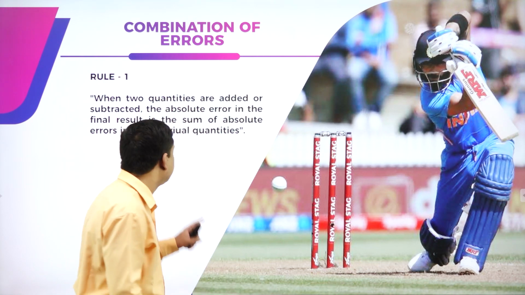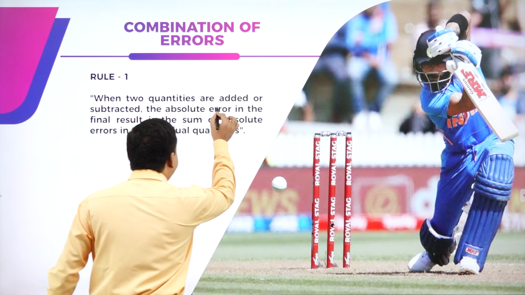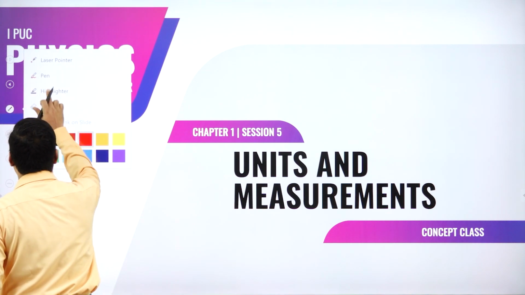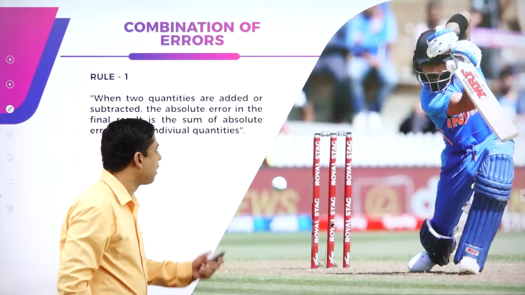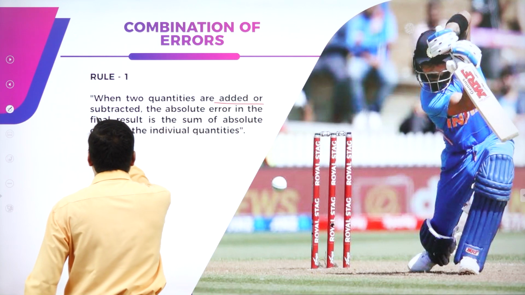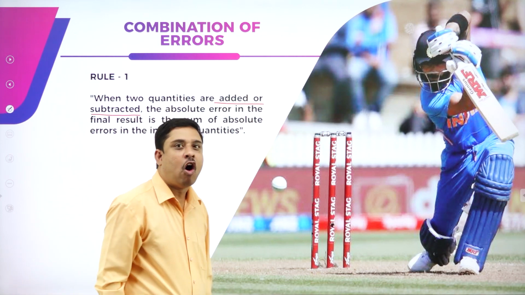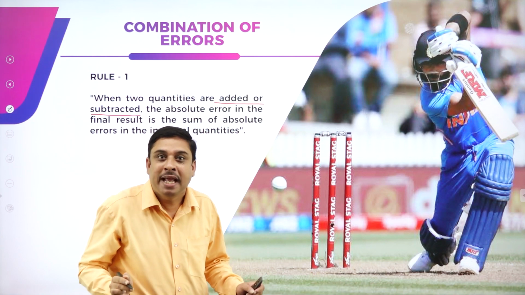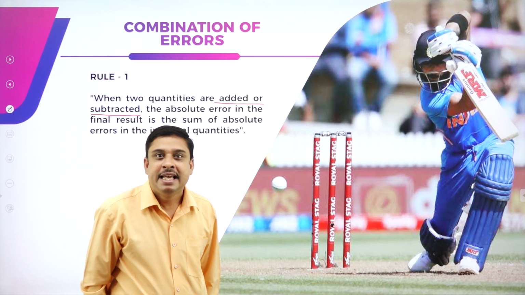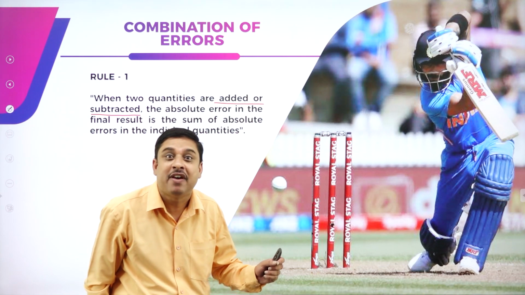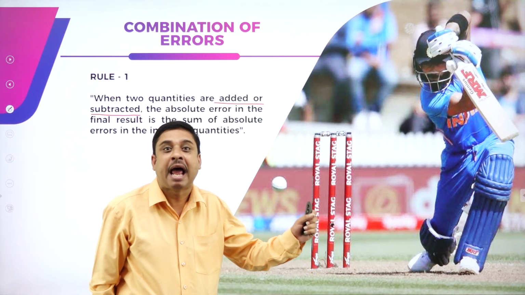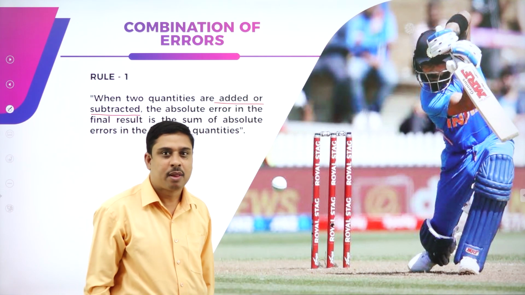Rule 1 says, when two quantities are added or subtracted. So please understand, my first rule is the specification of errors during addition or subtraction of quantities.